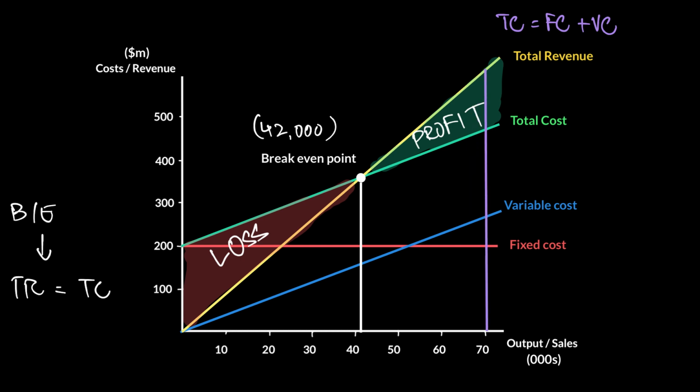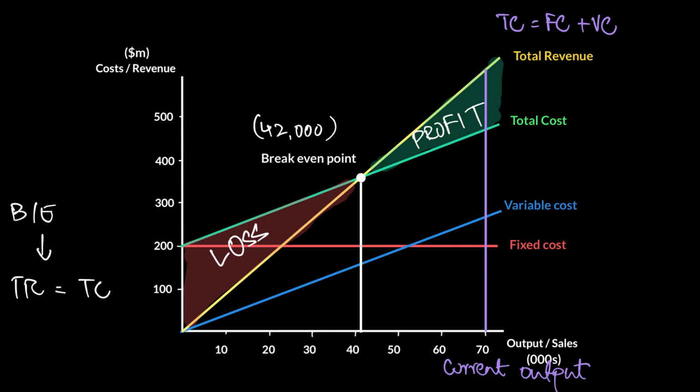Let's say that the company figured out that we break even at 42,000, but they are currently producing 70,000. So 70,000 is my current output. Let's say for this month, the company decided to produce 70,000 units of this product. We already broke even at 42,000 and we've reached 70,000.